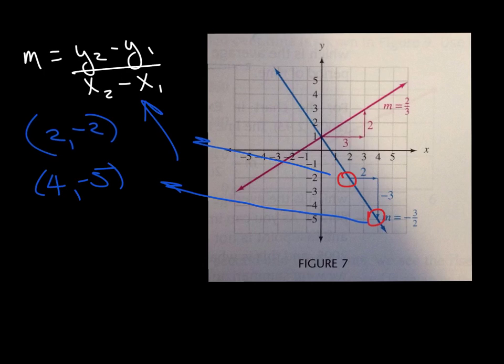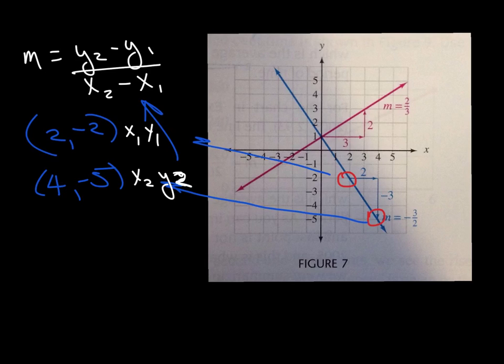We're going to use this formula again. Let's call this set of numbers x1 and y1, and this x2, y2. It doesn't matter what you call them. You can call them anything you want.